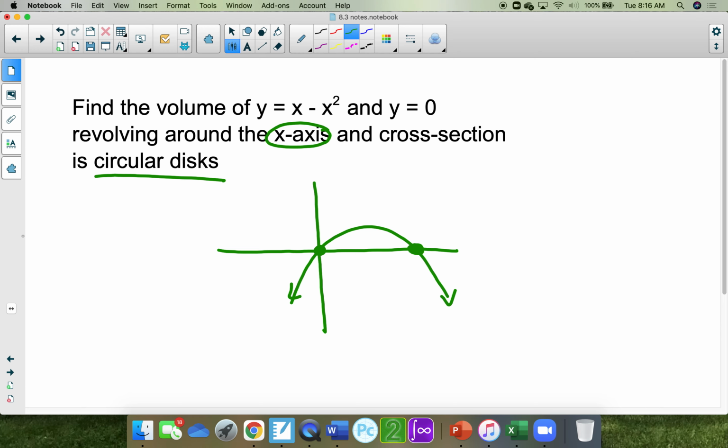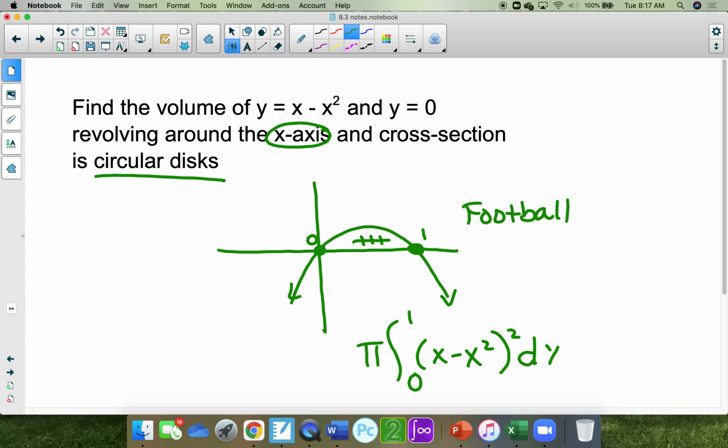To me, it looks like you're going to be making a football. If you graph this, this is 0 and this is 1. So we're going to integrate from 0 to 1 pi r squared, which is equal to 0.105 units cubed.